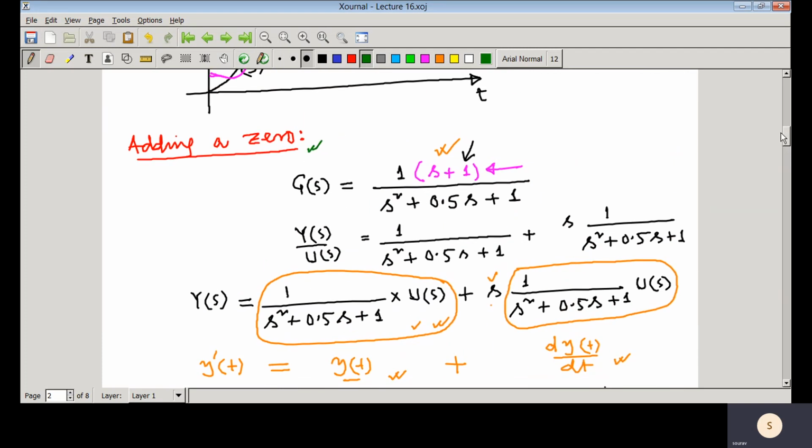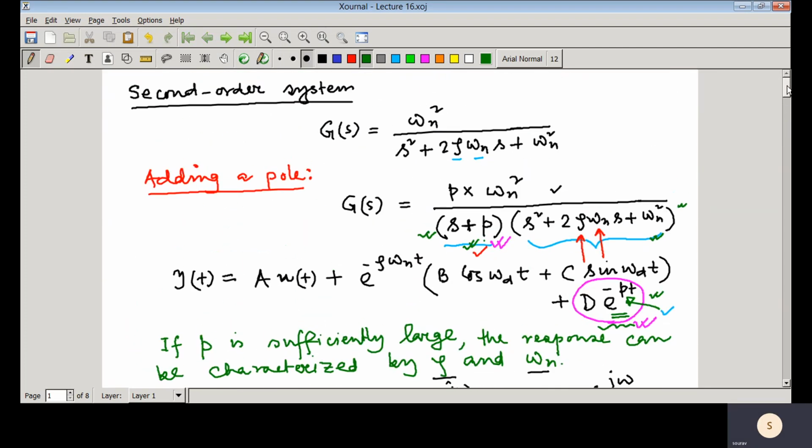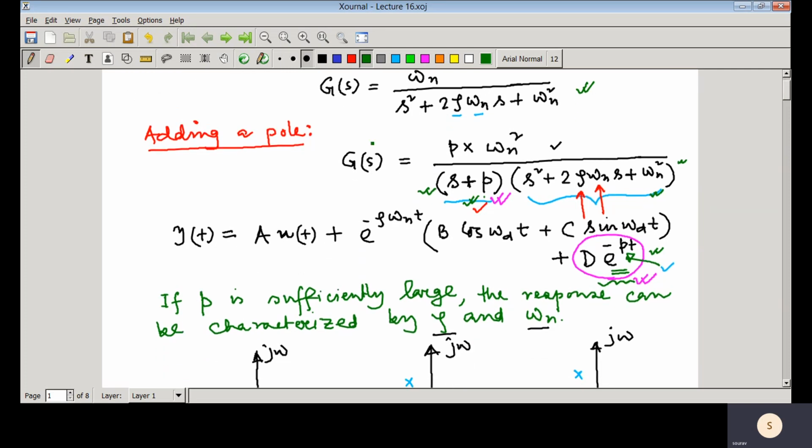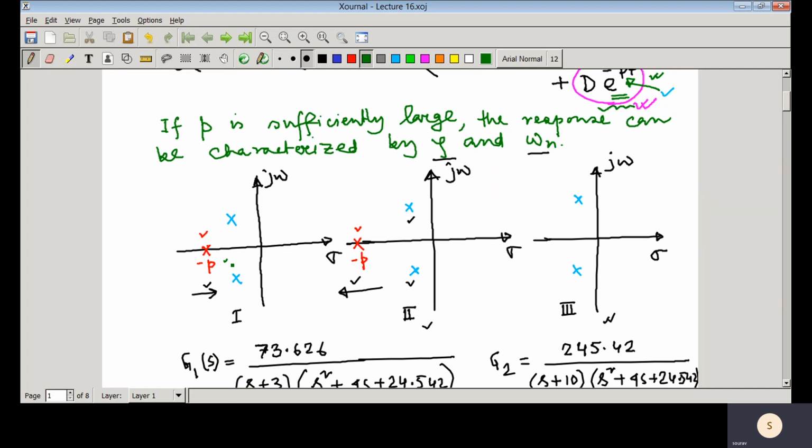So what we have discussed now is that for a second order system, this is the typical transfer function given in normalized form, and if we add a pole, the effect of that pole in the time response would be significant whenever the pole is closer to the origin, and whenever the pole is moved away from the origin, the effect is less.